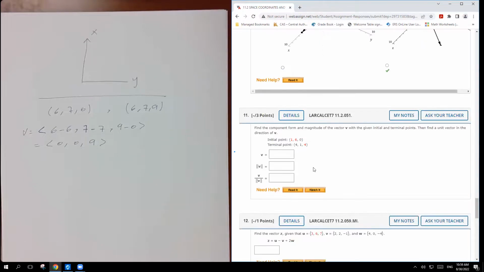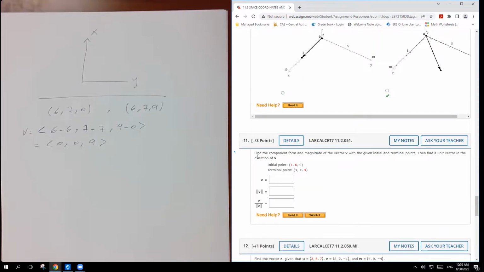You're going to do exactly the same thing for this example. Find the component form and the magnitude. What's the meaning of magnitude? That means the length of the vector V with the given initial and terminal points. Then find a unit vector. When you ask me to find a unit vector, that means we need to find a new vector with the same direction as V. How much is going to be the length of the new vector?